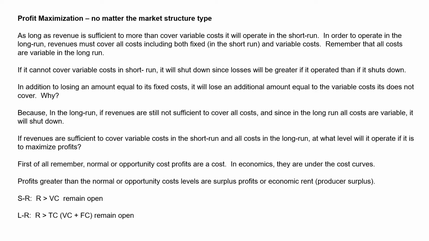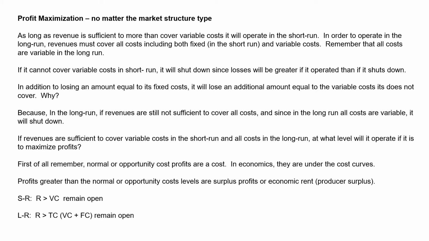So keeping that in mind, if revenues are sufficient to cover variable costs in the short run and all costs in the long run, at what level will you operate to maximize profits? So first off, remember, normal profits are considered a cost in economics, and they would be included under that cost curve.